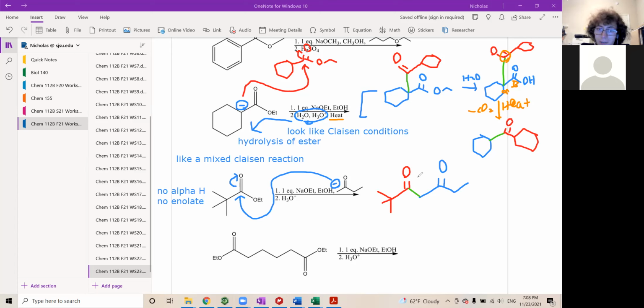So there's two ketones here instead of one ketone and one ester. And that's why I say it's like a mixed Claisen reaction. I don't think you would call this a Claisen reaction because it's not two esters reacting with each other. And the product isn't a Claisen product because there's no ester.